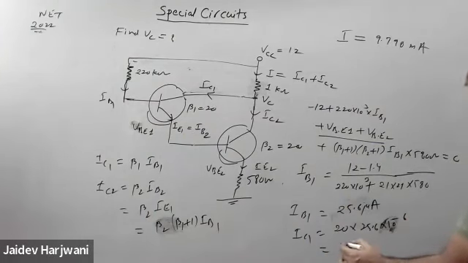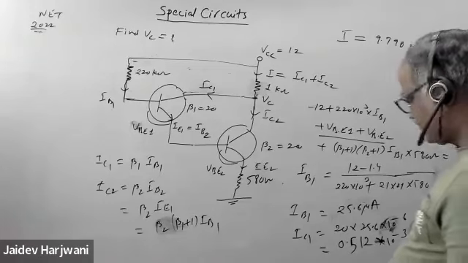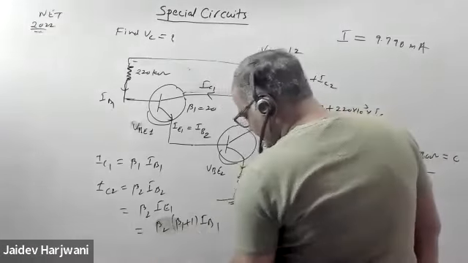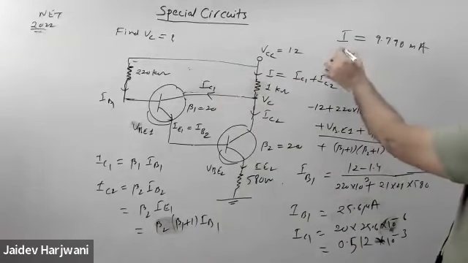Tell me. What is the value of IC1? 0.512. How much? 0.512 milliampere. Yes, sir. 10 to the power minus 3. Okay. Now this one. Sir, how much is coming? 9.812. Almost 9.812. Okay, whatever.